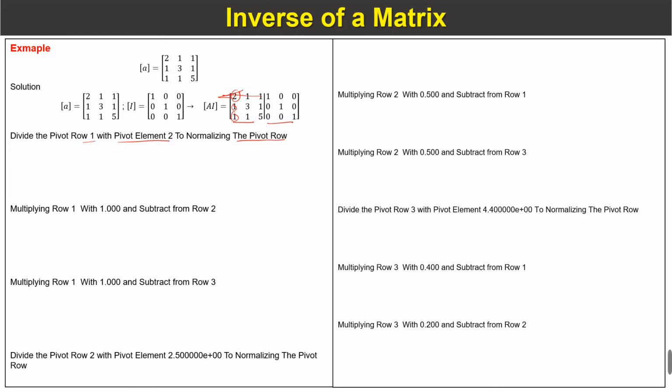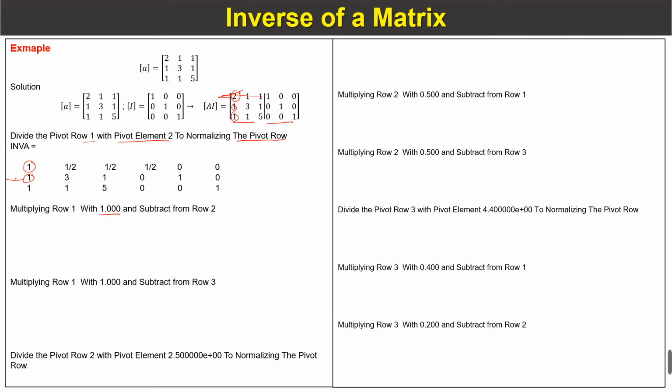Okay. So after dividing, we can see that this one is now normalized. Now we will eliminate the term below the pivot element. Multiply row 1 by this term and subtract from row 2.